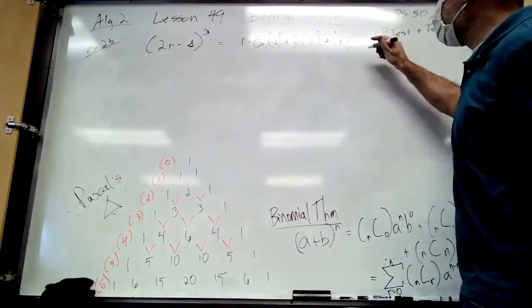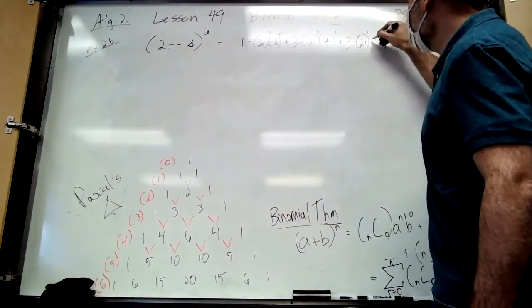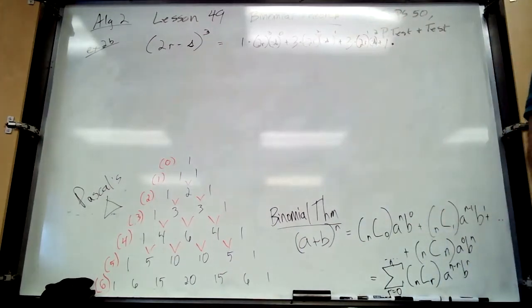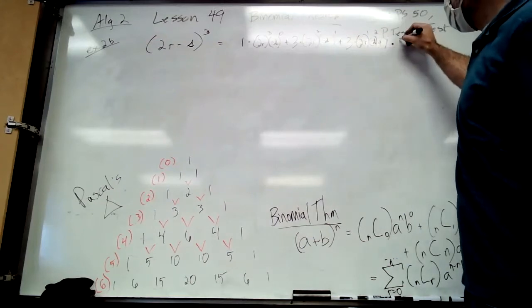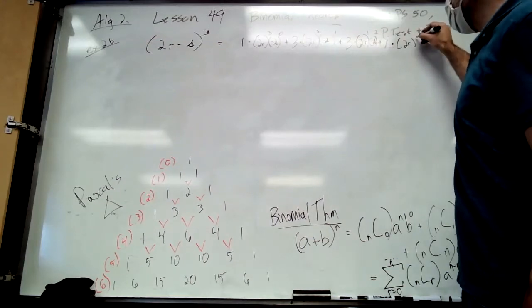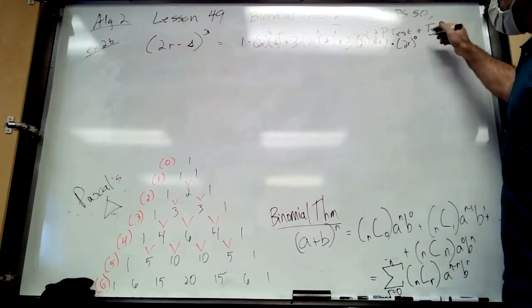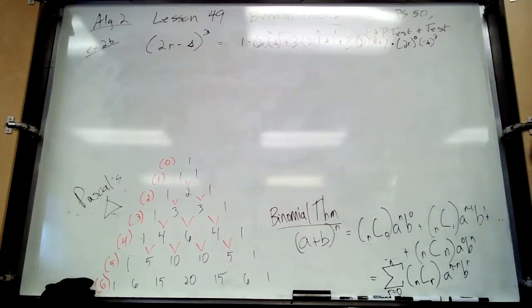All right, what's next? 2r to the what? 1, and then negative s squared. So that's going to cancel that negative. That'll be nice. And then this one, the 2r's, you don't really have to write this because anything to the 0 is just 1. But it's just so you can see visually what's happening. Negative s to the 3rd. So see how the 2r's exponents went down and the negative s's went up.